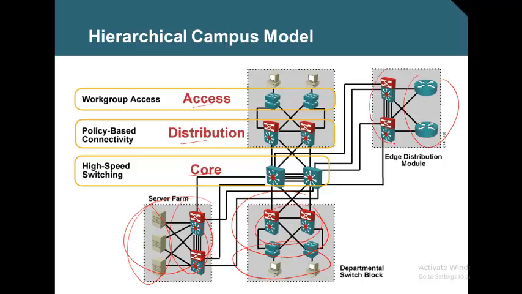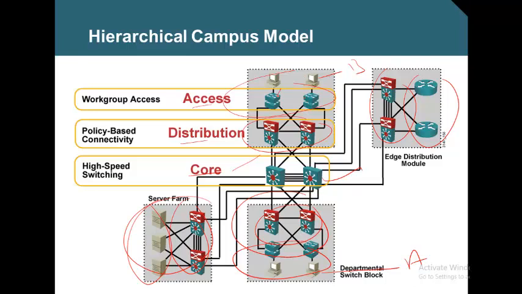Only if traffic is going from A to B, the core layer will be used. If traffic is going from B to, let's say, C here, the traffic will actually go like this.